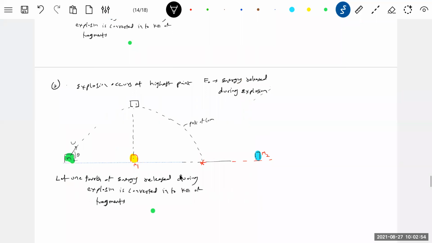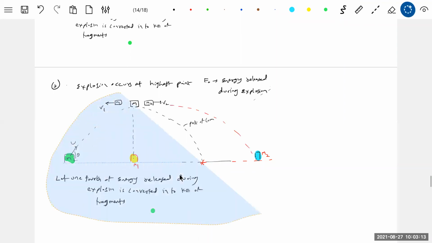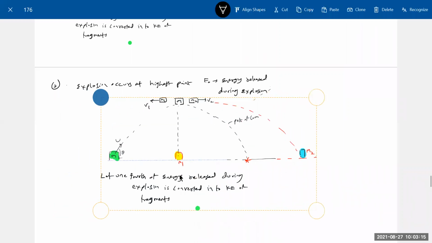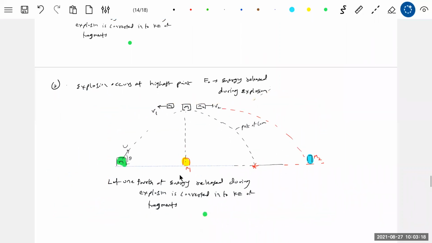Explosion occurs here, and after explosion M1 and M2. This can also happen, and the trajectory of this. So many possibilities are there. Let me generalize it. We can't keep on drawing the diagrams. Altogether, momentum should be considered in all directions. So usually we prefer X and Y, easy for us to analyze here.